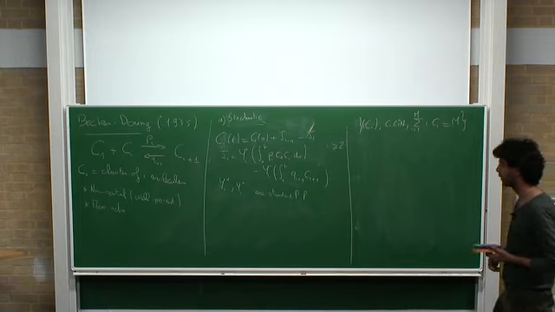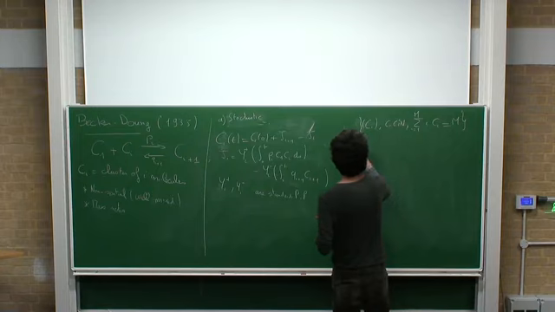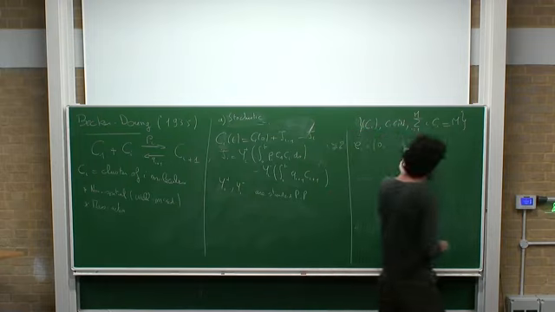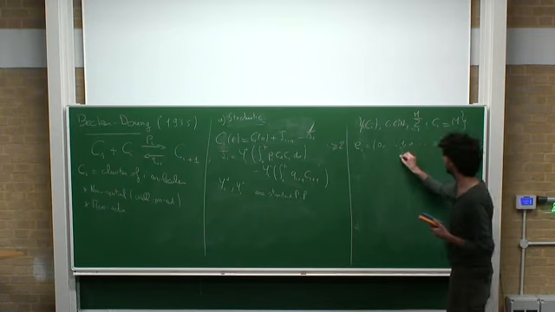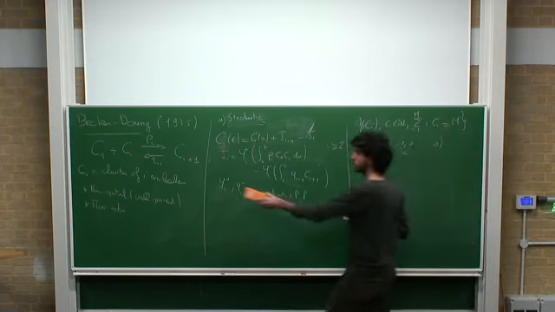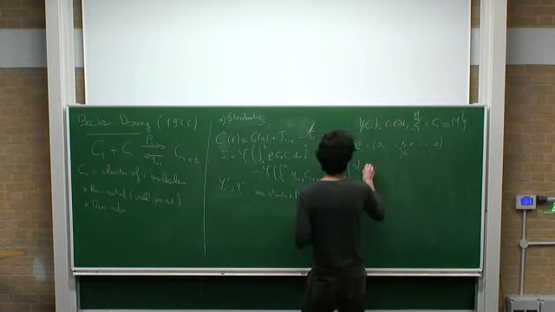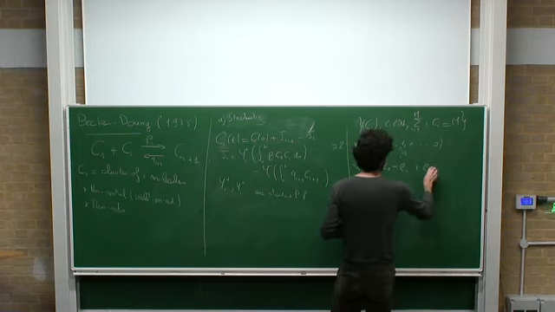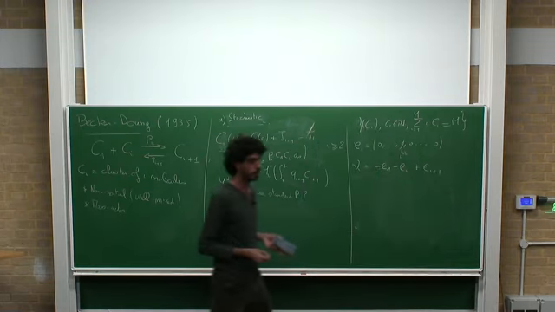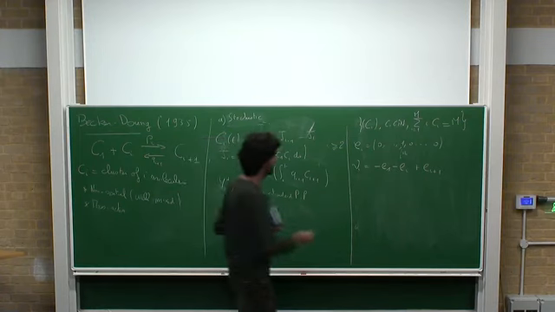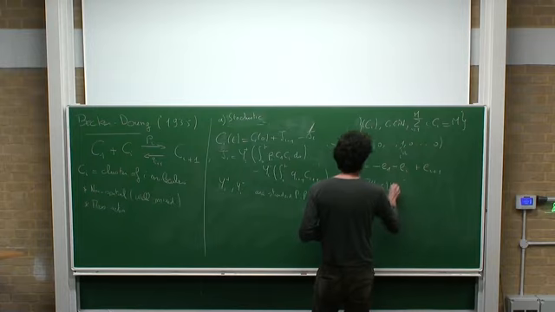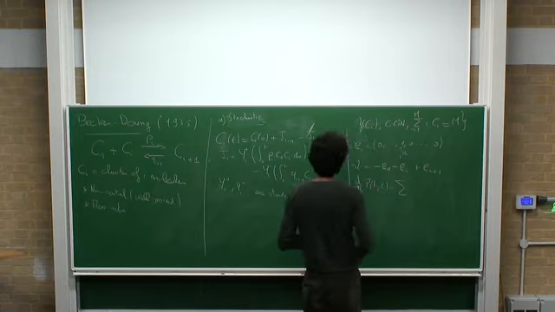If you are willing to write down the Fokker-Planck equation, or the chemical master equation, you write the unit vector where the 1 is at the i position, with the stoichiometry of each reaction: losing one monomer, losing one aggregate of size i, and gaining one aggregate of size i plus 1, or minus this vector. Then the master equation would look something like this. You will need a sum.